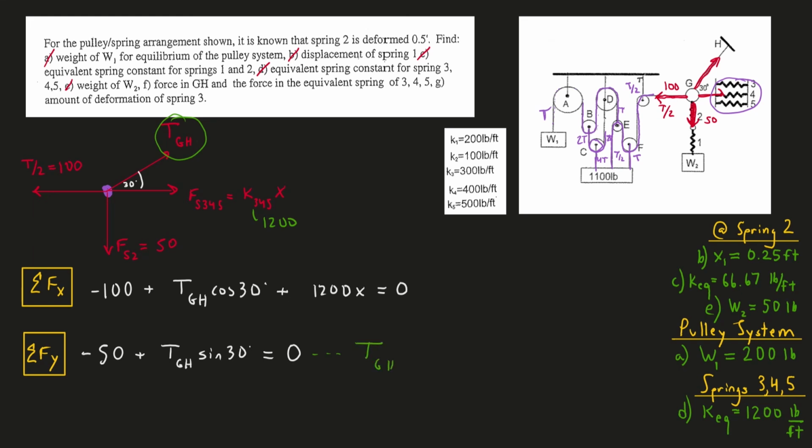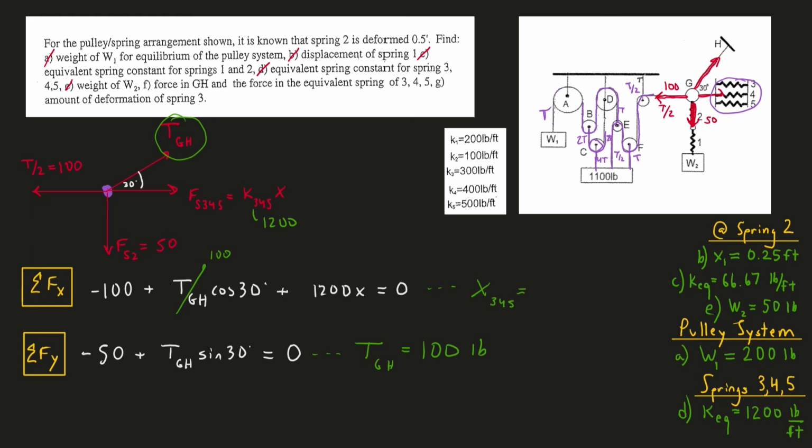So TGH, if you do that math, will equal 100 pounds. And with that 100 pounds, you can plug that right in for TGH in our sum forces X equation, and we can figure out the stretch of that 345 equivalent spring.